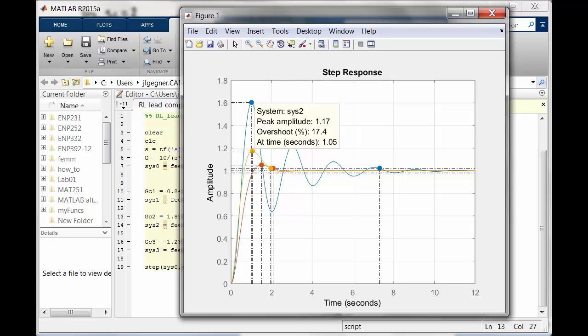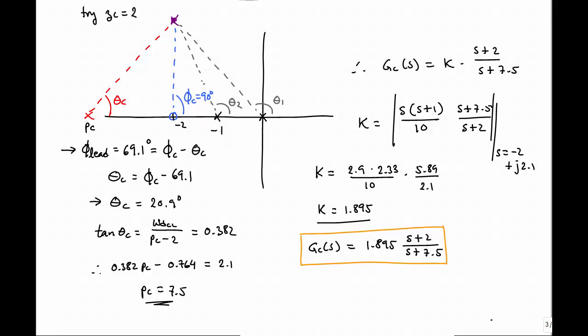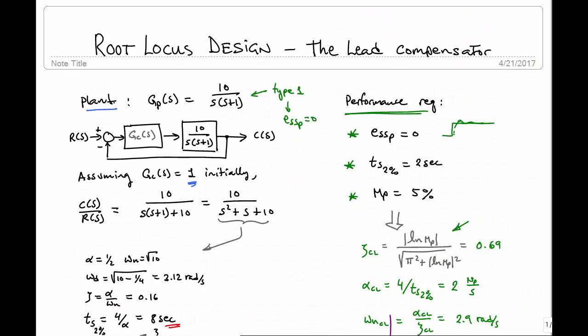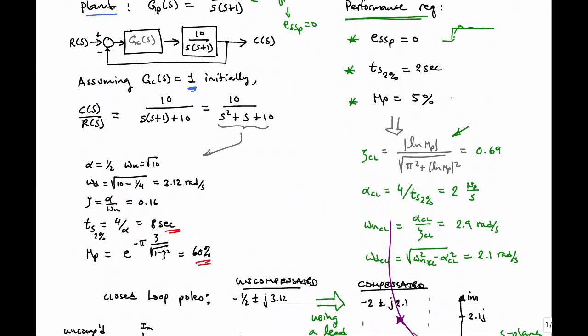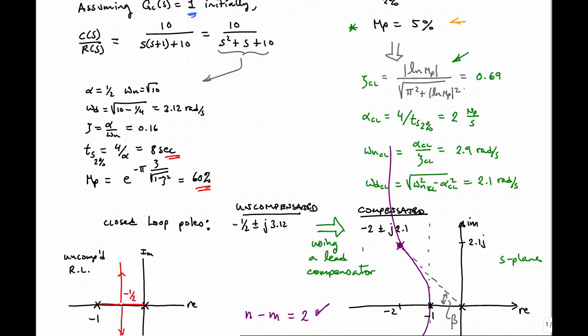And that's disappointing and puzzling because we designed our compensator based on a transient requirement of 5%, relating those to the requirements of our closed loop pole location, mainly the damping ratio, zeta closed loop, and the real portion of our closed loop pole location.